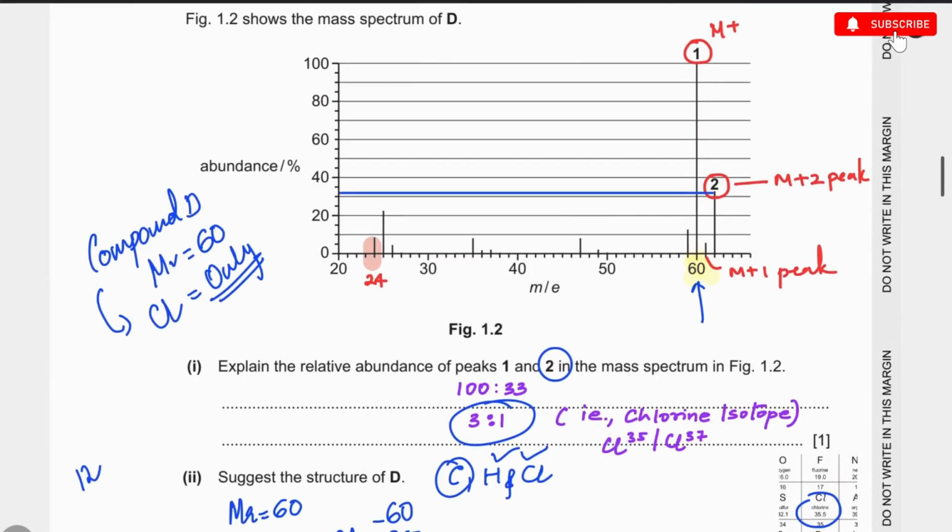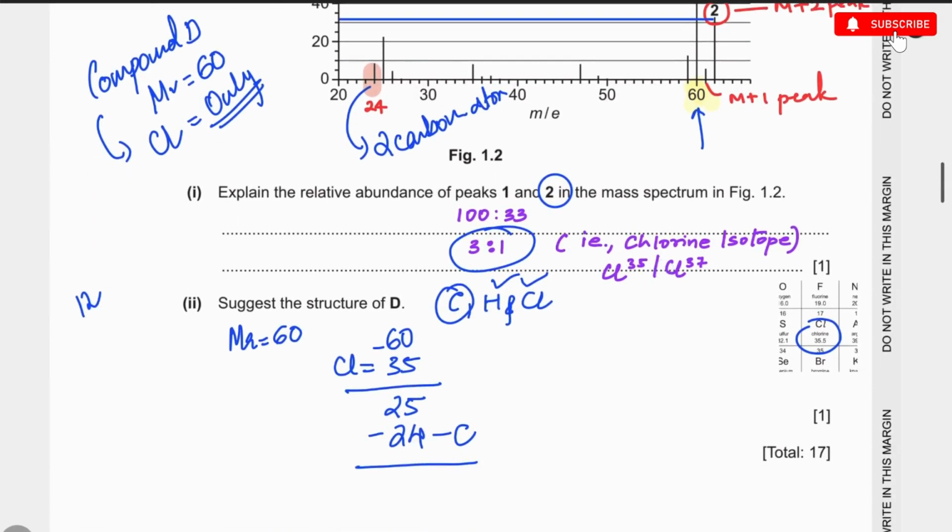Yes, as you can see here, at 24 we are getting one peak, so we can identify from here itself that it consists of two carbon atoms. The remaining is one, and one is nothing but coming from hydrogen.